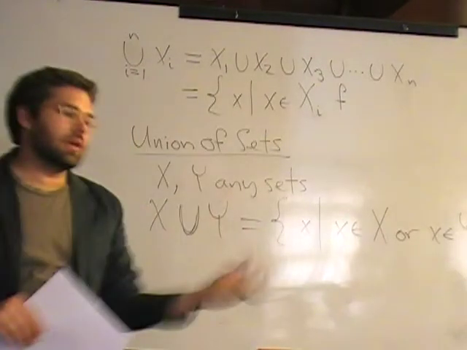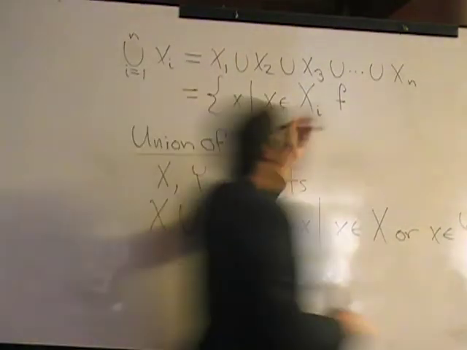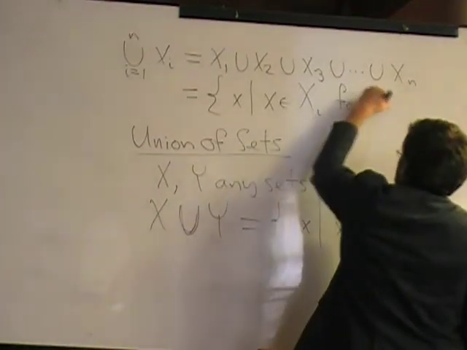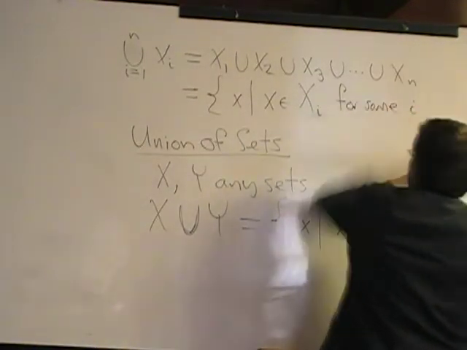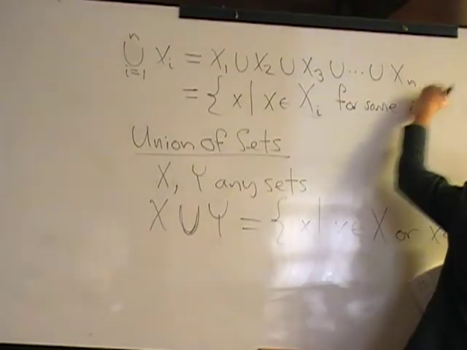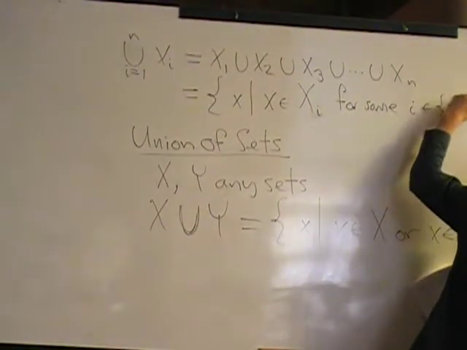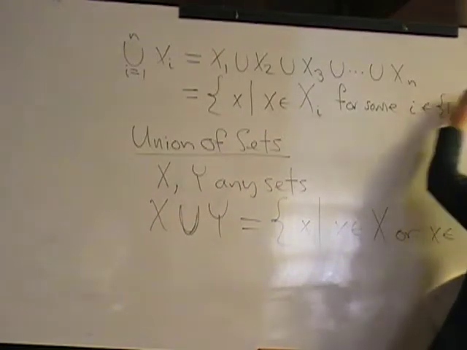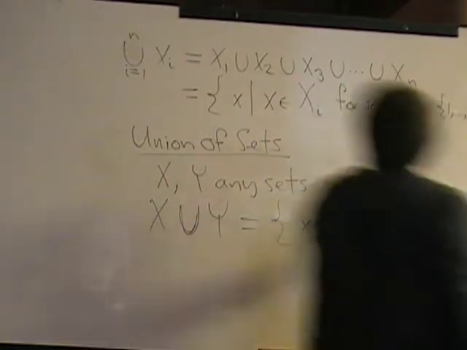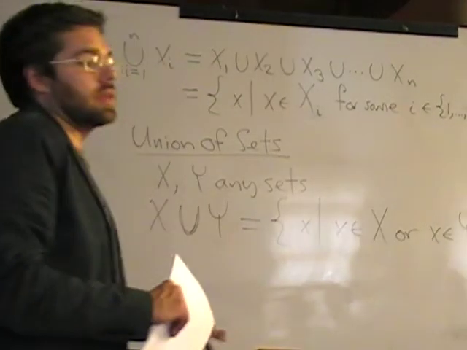It's not for all days, it's for some days. So this is for some i, in fact, some i from 1 up to n. But this is just defining the union of finitely many sets.